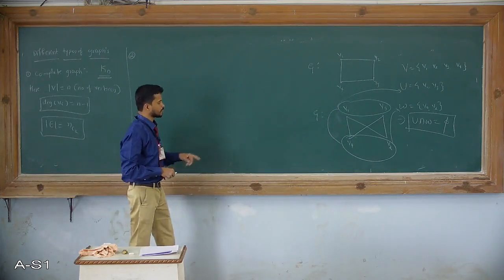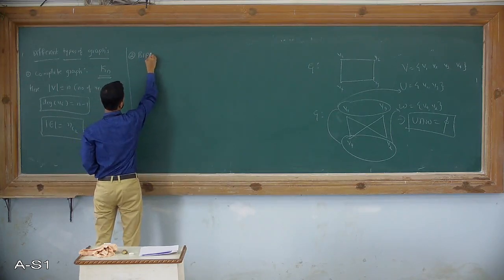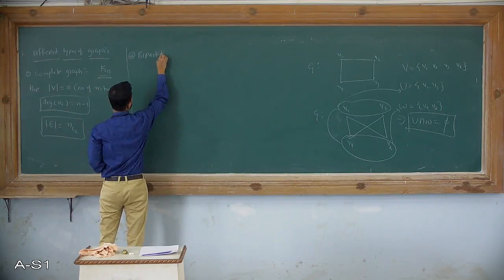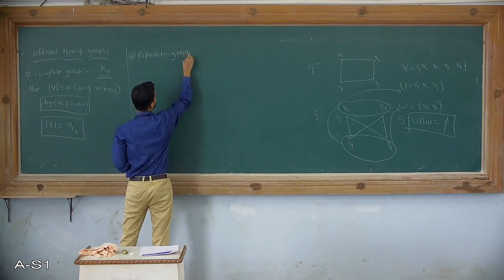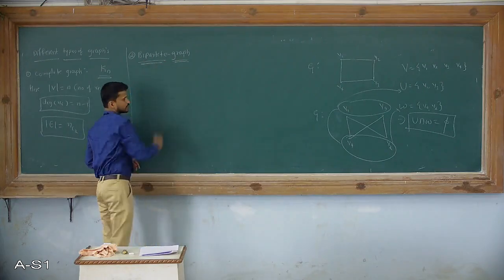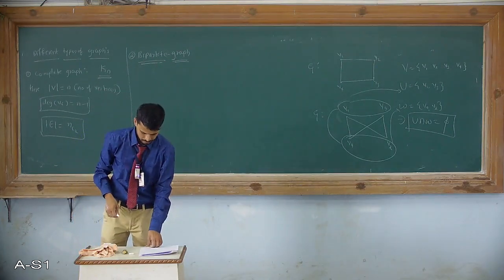So this type of graph is called a bipartite graph.